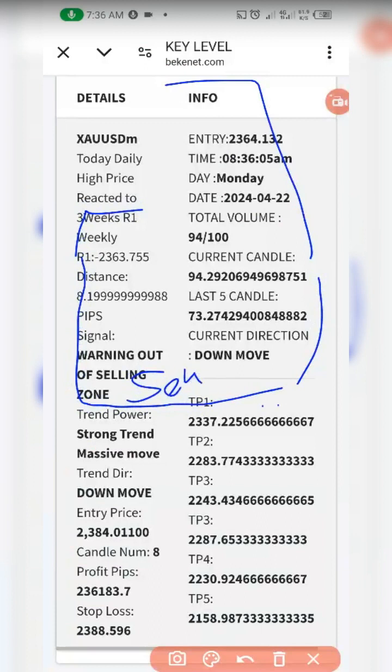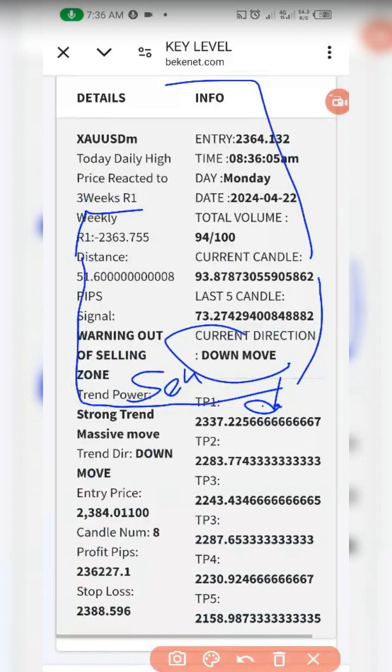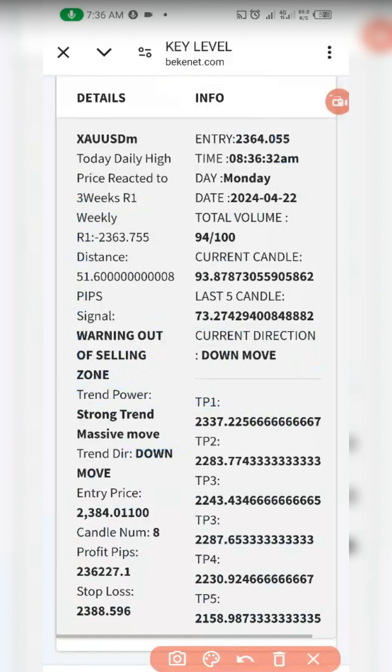Once you see that sell zone, you see the current trend direction to be downward movement, then the overall trend direction to be downward movement. As you can see now, it's telling us out of selling zone. The reason why it's telling us out of selling zone is because this volume is almost close to 100, meaning it is at the current bottom of the price now. It is something below the lowest low.